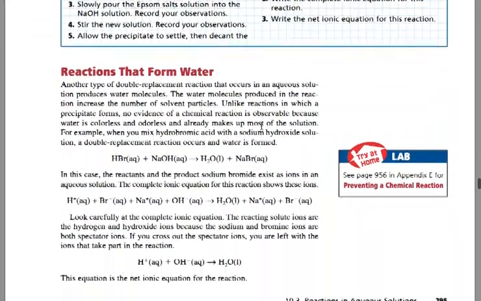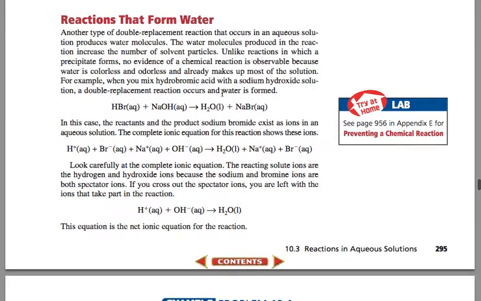Okay. So, reactions that form water. The first reaction we looked at were reactions that formed a precipitate, right? A solid. Now we're going to look at reactions that form water. Another type of double replacement reaction that occurs in an aqueous solution produces water molecules. The water molecules produced in the reaction increase the number of solvent particles, right?